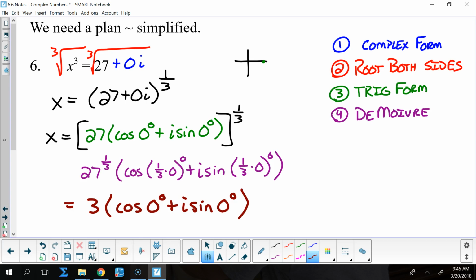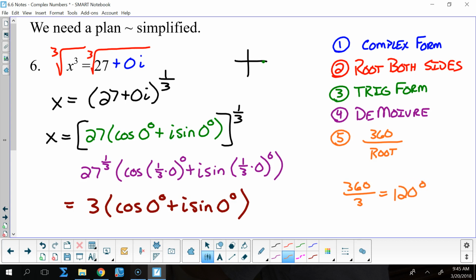But that's only one. And then to get the others, we have to do 360 divided by the root, which in this case was 360 divided by 3, so that's 120 degrees.